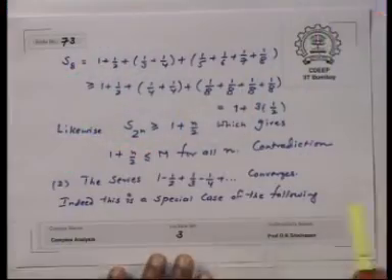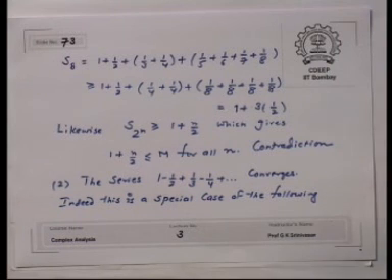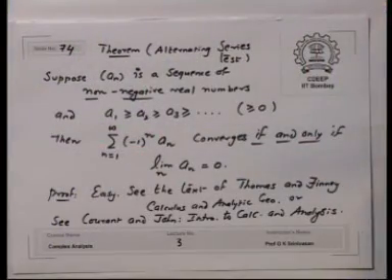Now, let us look at this series 1 minus half plus 1/3 minus 1/4, etc. This series converges. This is a special case of a very general theorem called the alternating series test. Theorem, alternating series test.